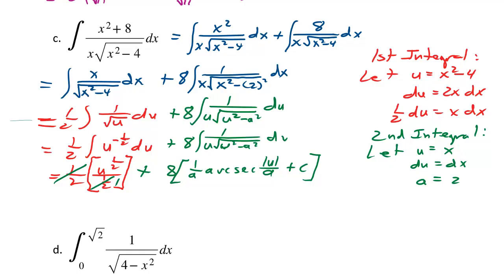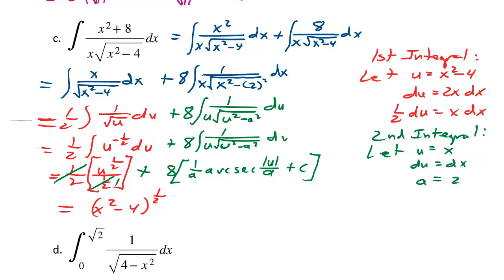Now that first one, well, both of them, we're just going to back substitute the values in. Okay, so remember we canceled out the 1/2 and the 1/2. So this is just going to be x squared minus 4 to the 1/2, or you could write it as the root, either way.